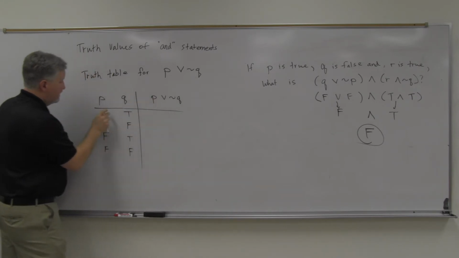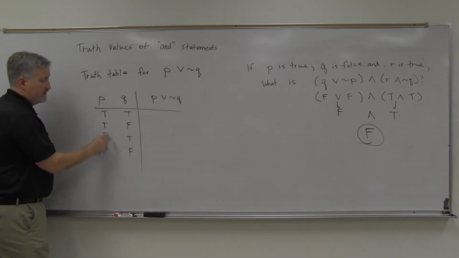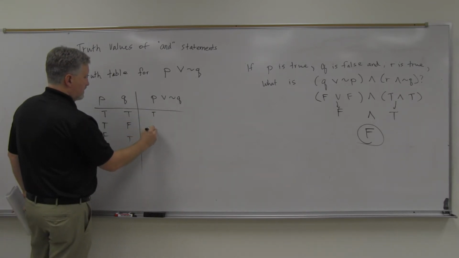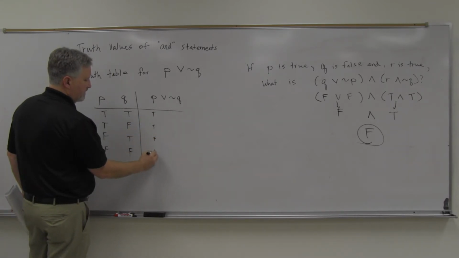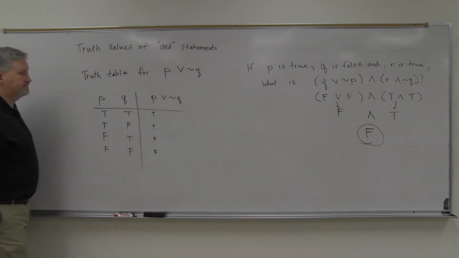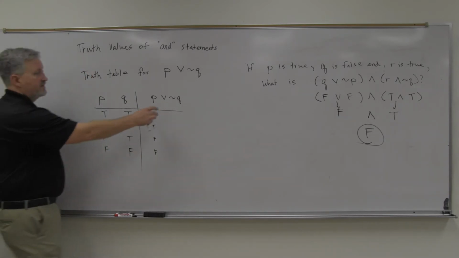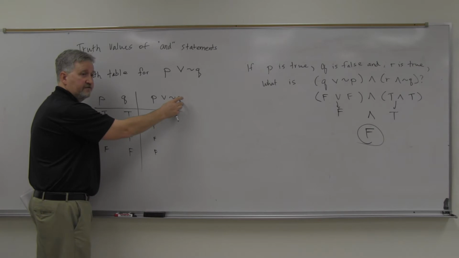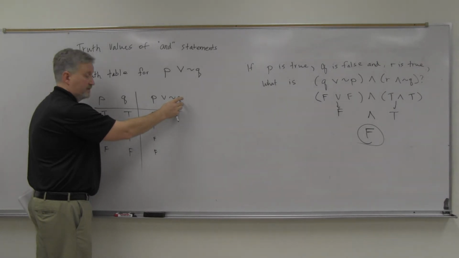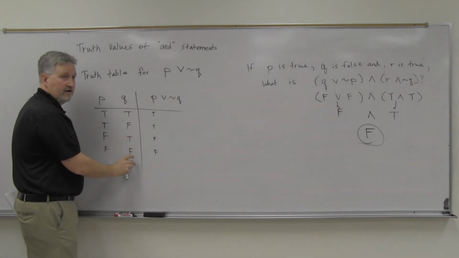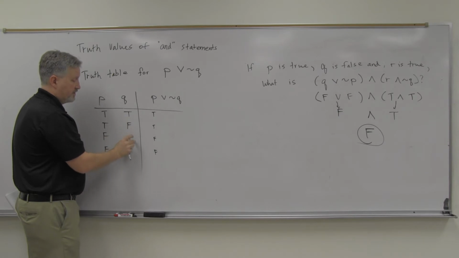So P here, P is these four right here. It's true, true, and then it's false, false. I'll make it maybe a little smaller because that's not my final answer for this. And then underneath here, now that's negation of Q, so what would I put underneath it? It's the opposite of these, right? False, true, false, true.